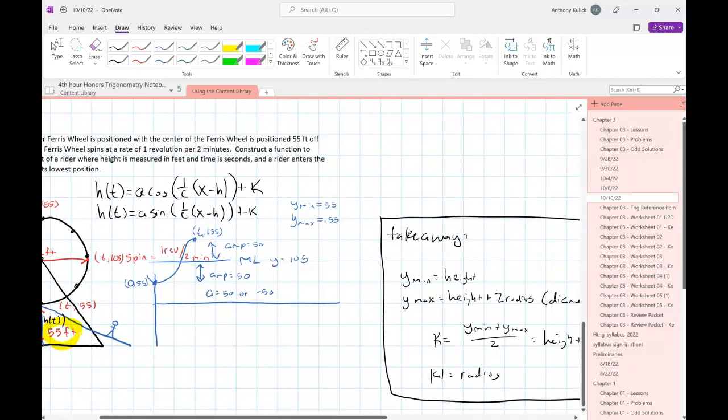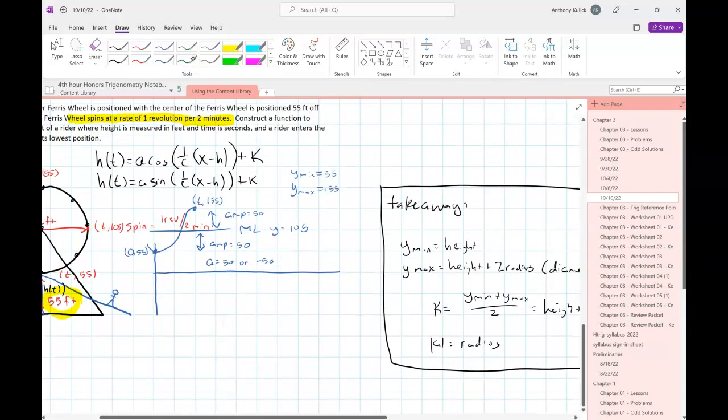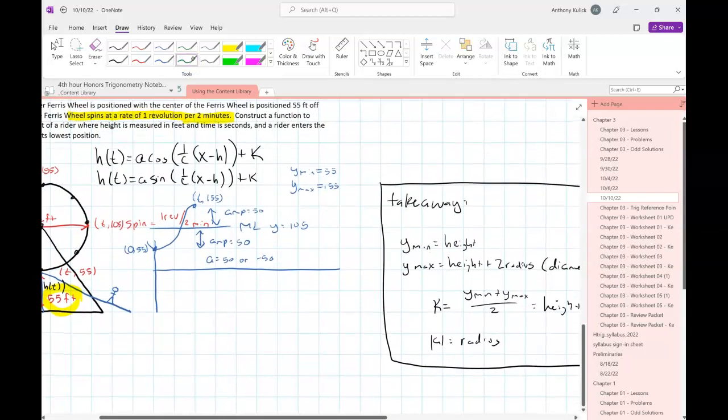All right. Now let's think about what this piece is going to give us. What is that going to allow us to get?